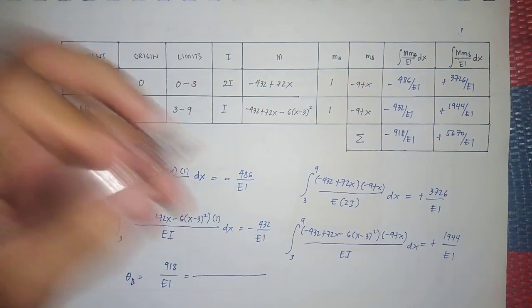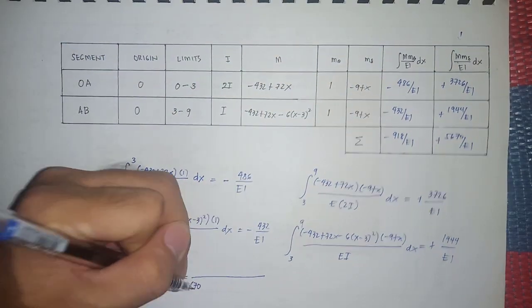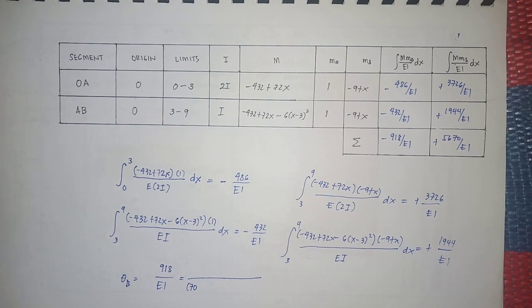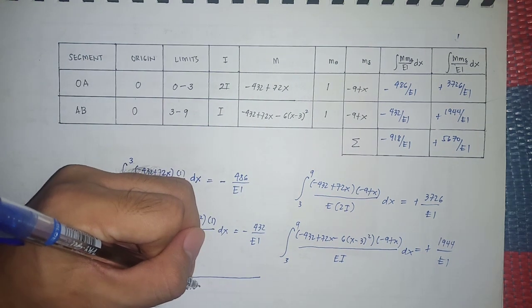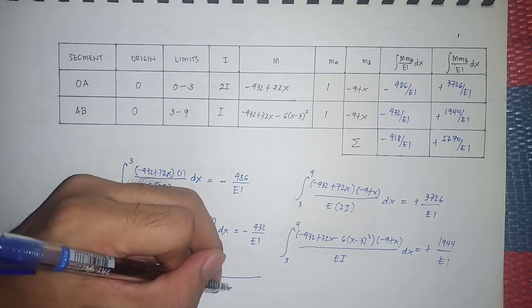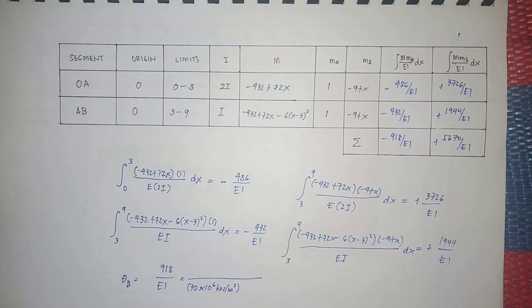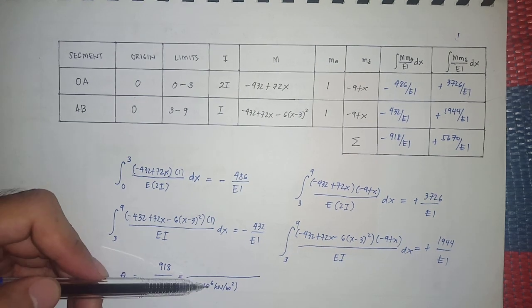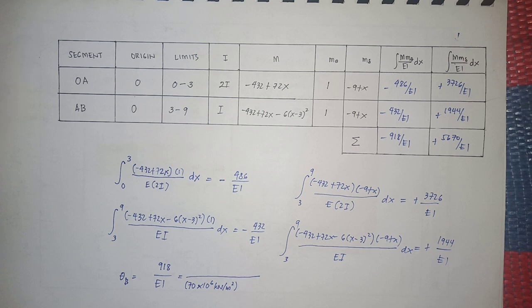Gagawin natin tong kilonewton per square meter. So that is 70 times 10 raised to 6 kilonewton per square meter. Take note, 70 gigapascal is 70 times 10 raised to 9 newton per square meter. So, ginawa natin kilonewton, nawalan tayo ng 1,000. So, raised to 6 na lang.